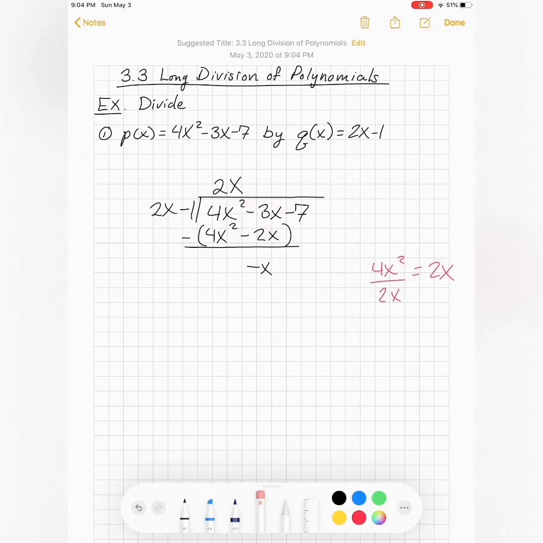Okay, then I start the process again. So now I say, okay, I'm going to take that lead term there and divide by the lead term in the divisor. So what is that, negative a half? Okay.